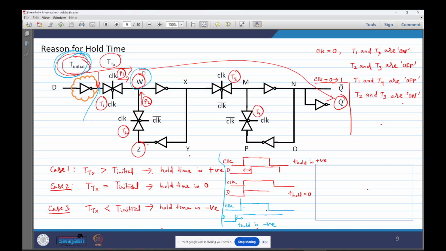If the delay of this transmission gate is less than T initial, and T initial is greater, it should be considered a hold time violation because T1 is turned off at positive. In this case, even if the data changes at node D, that does not affect the value at node D. If I am wrong, please explain. Thank you.